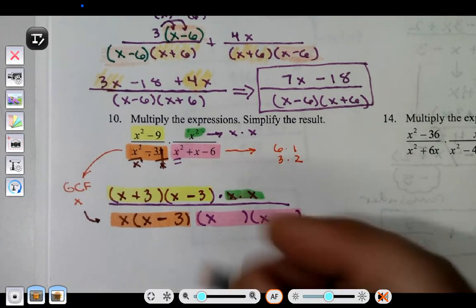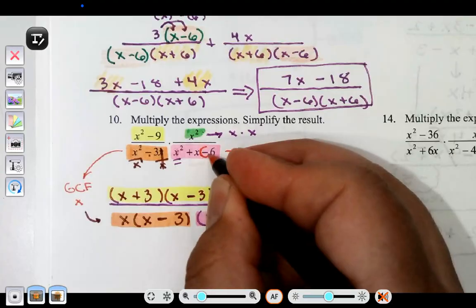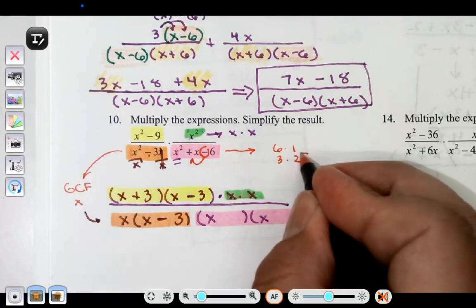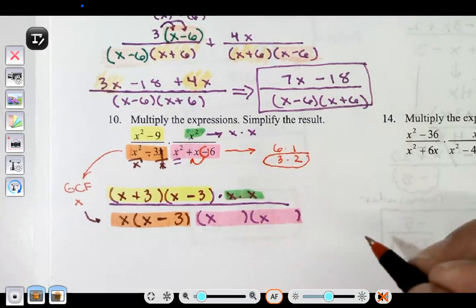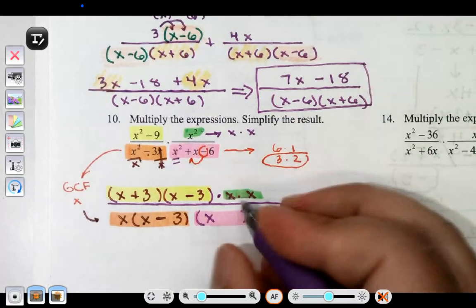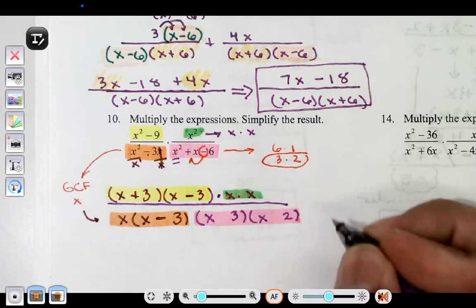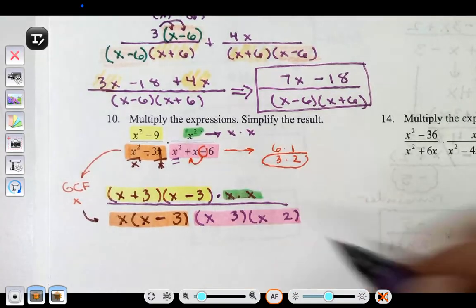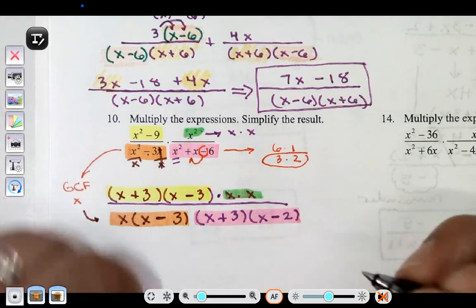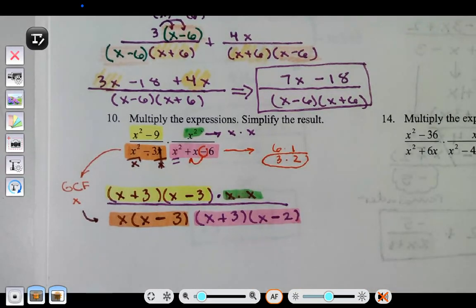And then the goal is to subtract to get a 1. Well, the only numbers I can subtract to get a 1 are 3 and 2. If all I'm trying to do is get a positive 1, then the 3 should be positive, and the 2 is my negative. All right, after all of that, this is what the problem should look like once it's been factored.